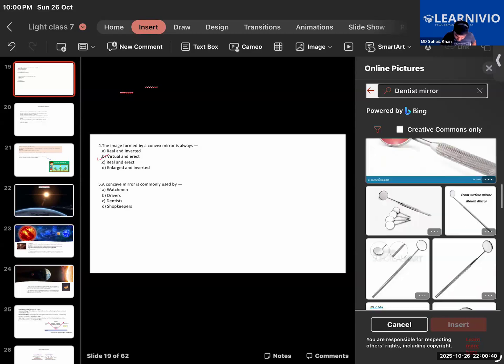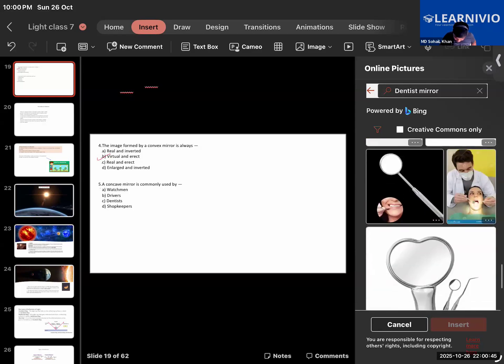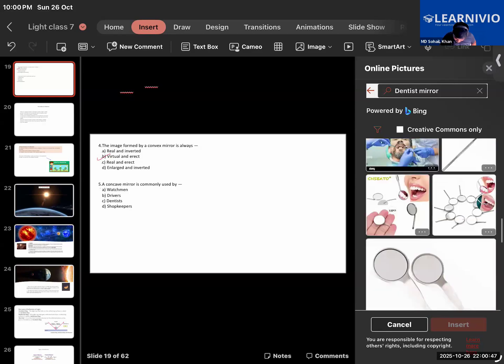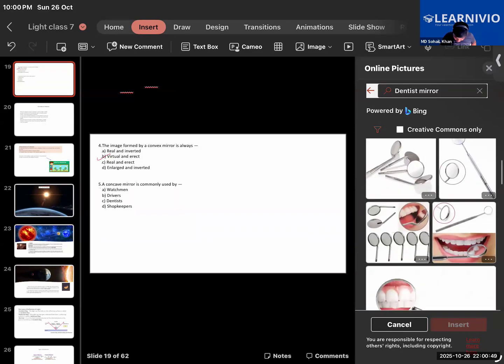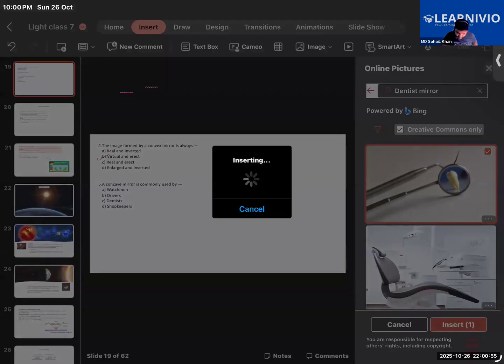So what you can spot here, let me take a relevant image that will help you understand it better. Take a look at this image here, and then this one as well. You will find that the image of the teeth is a bit enlarged, so that the doctor can carefully look at it and diagnose the condition properly.